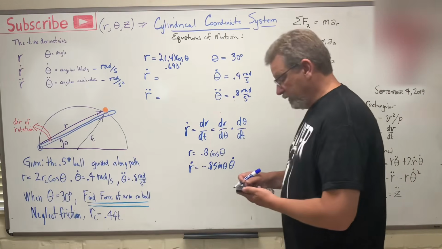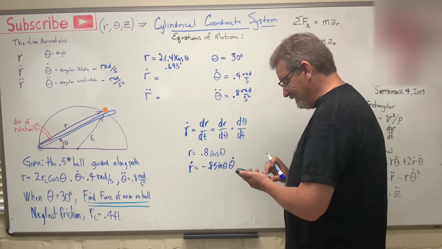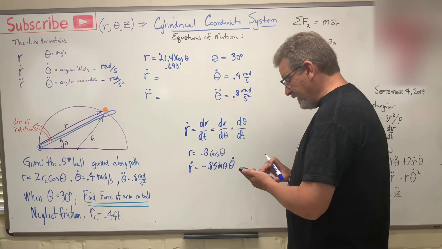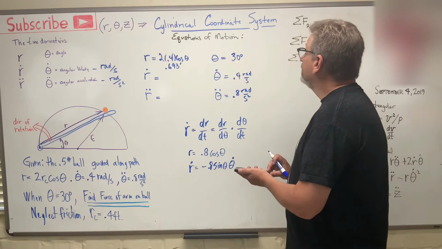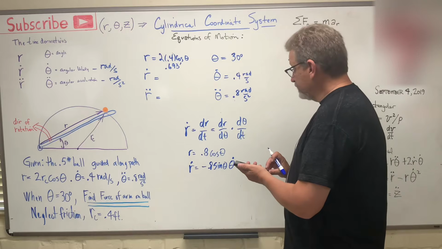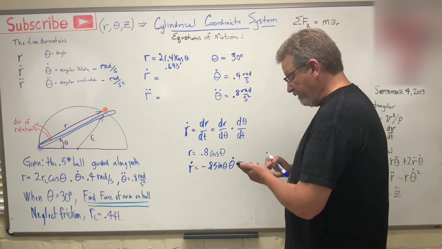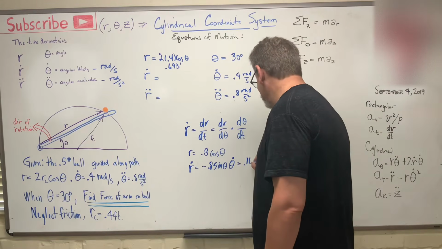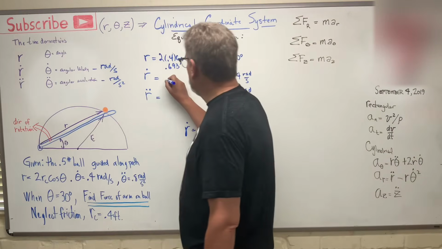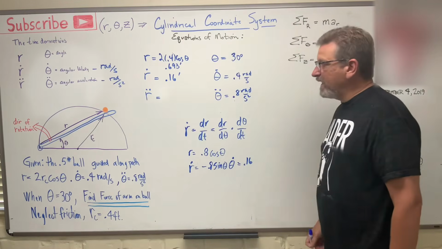We have 0.8 times the sine of 30, which is a half, isn't it? Yes. So we have 0.4 times theta dot, which is 0.4. So r dot is equal to 0.16 feet per second.